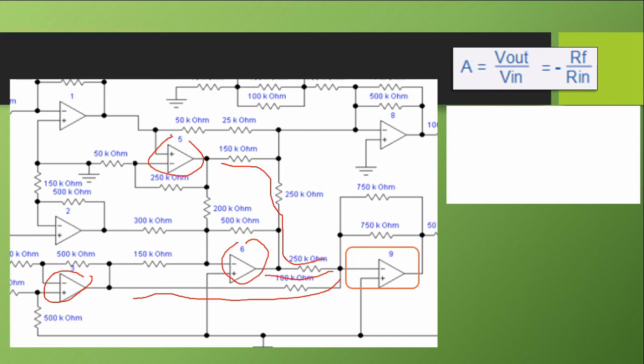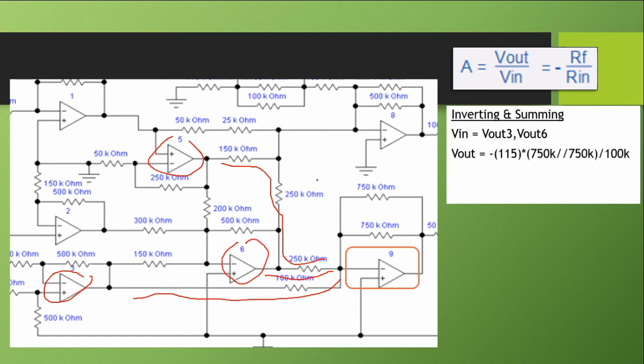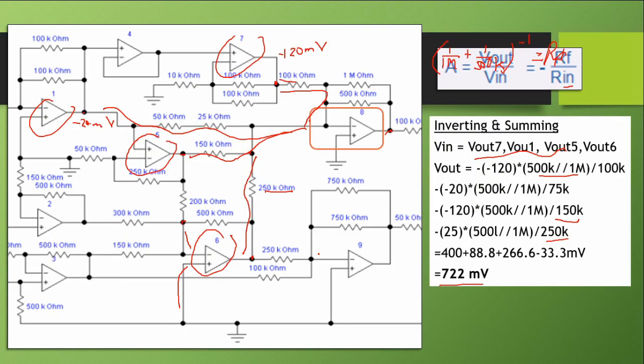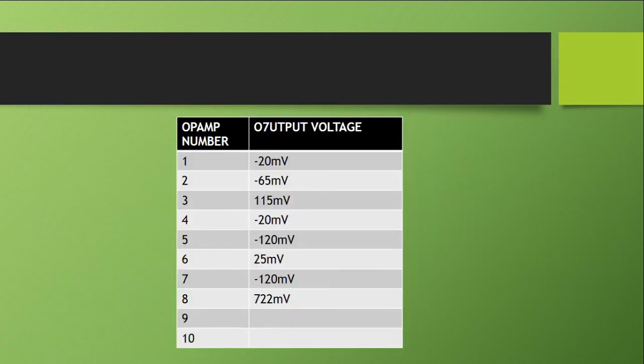Oh wait, why are we not including 5 here? We are including only 3 and 6, while for op amp 8, we included 1, 7, 5, and 6.